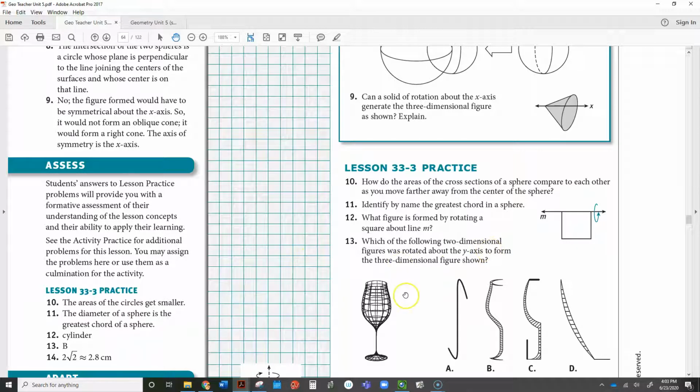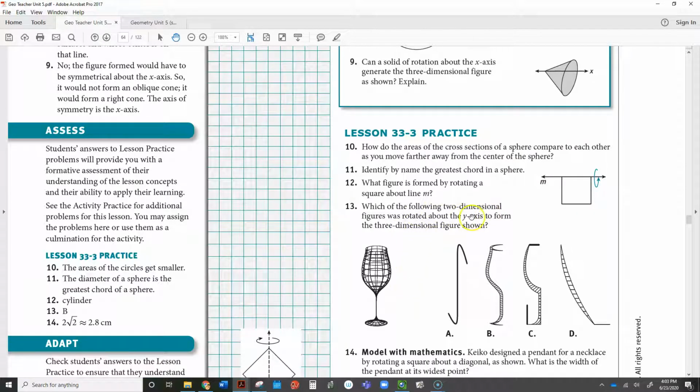Which of the following two-dimensional figures are rotated about the y-axis to form this 3D shape? Definitely B. C right here is close, but C would form a lip that would catch the drips.